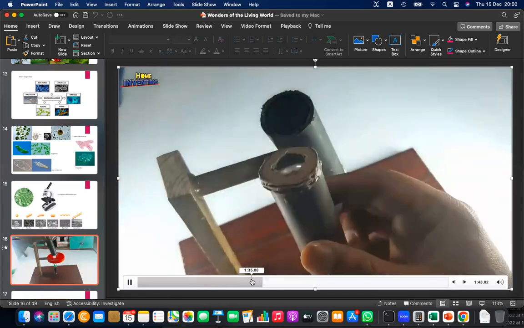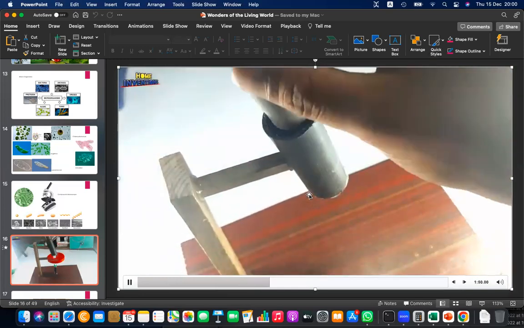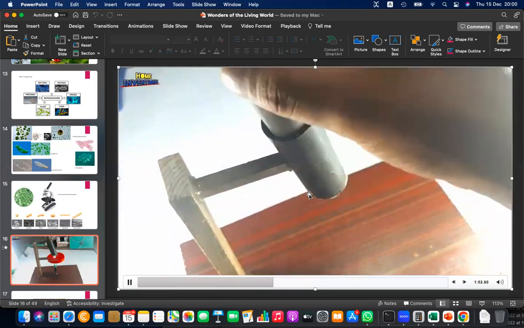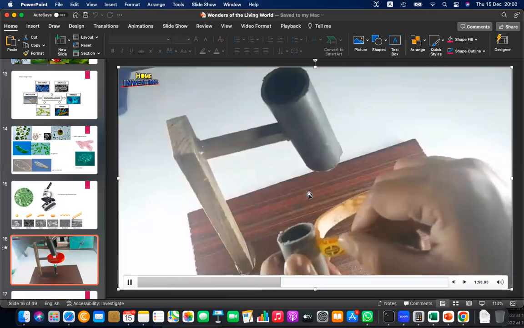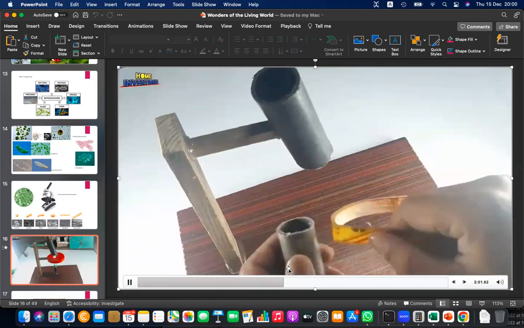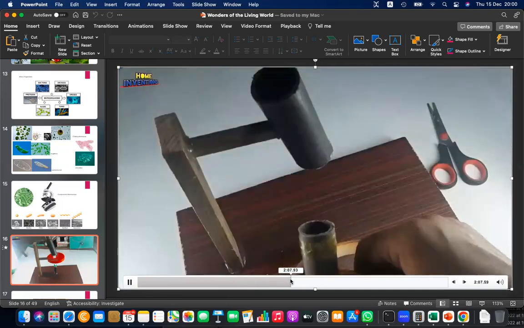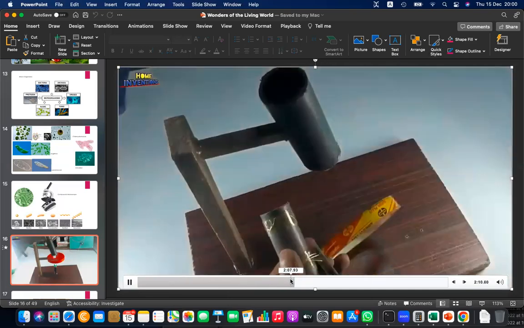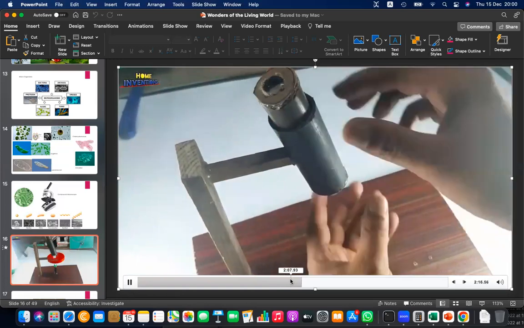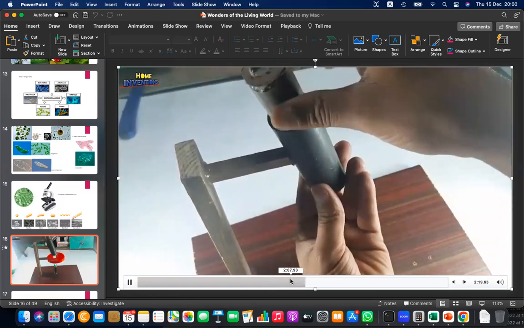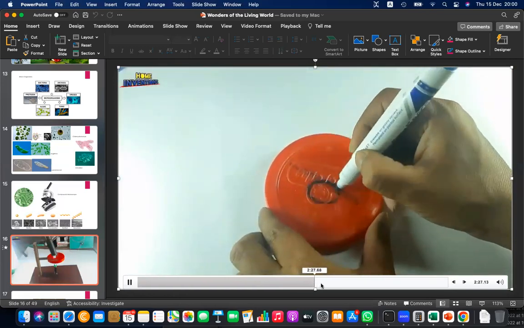Actually, you should be able to move the second pipe into the first pipe, right? But if it is loose, you can use a tape. Okay. Now you can control the movement. Okay, now you have done the setup. Now you need the light source and a place to keep the slide.